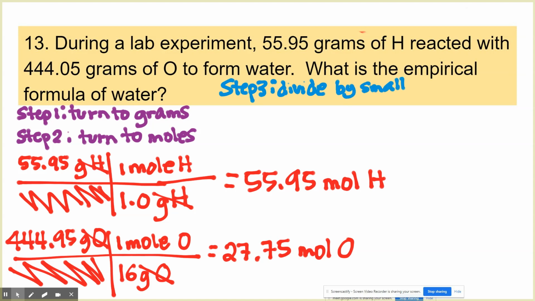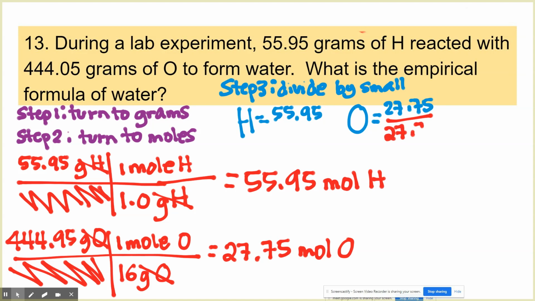H, what was the answer for H again? 55.95. And what was the answer for O? 27.75. Look at those two answers. Which one is the smaller one? Of course, the smallest one is 27.75. So I'm going to divide both of them by 27.75.